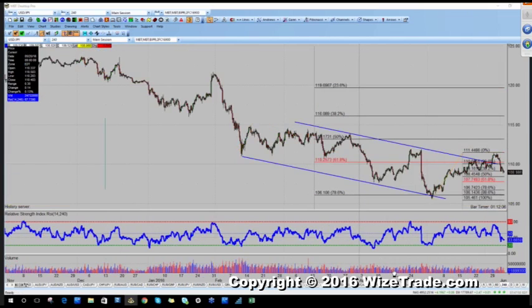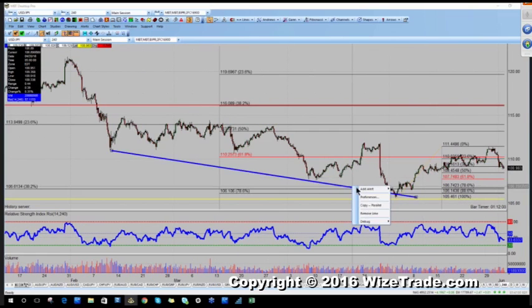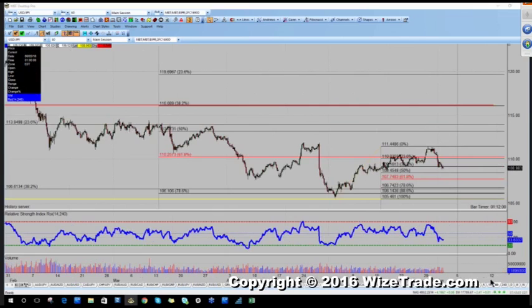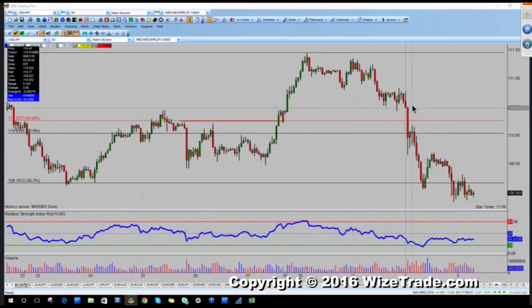This channel, I think we can remove that for now. But one thing that I notice about this dollar yen is this thing's about ready to bust a move. You see that wedge right there?